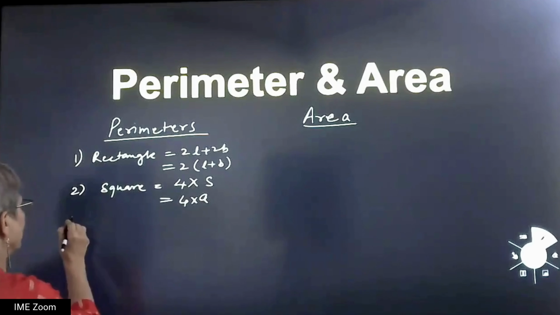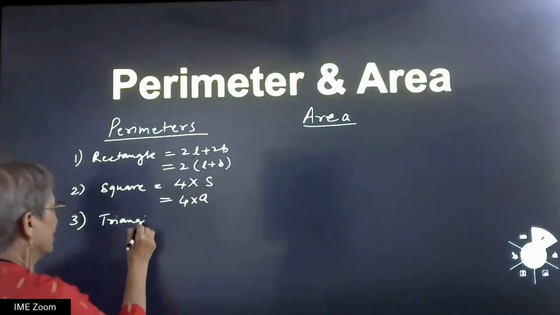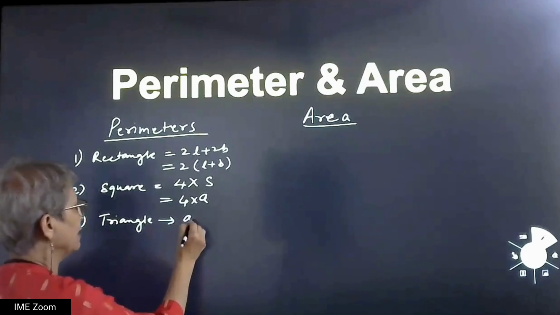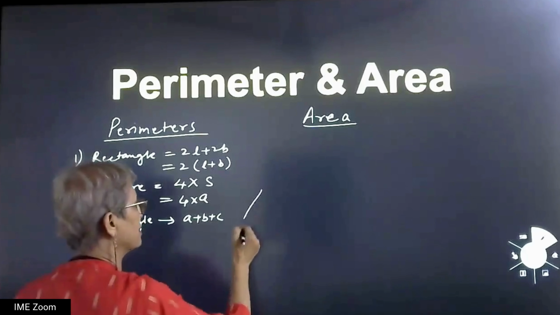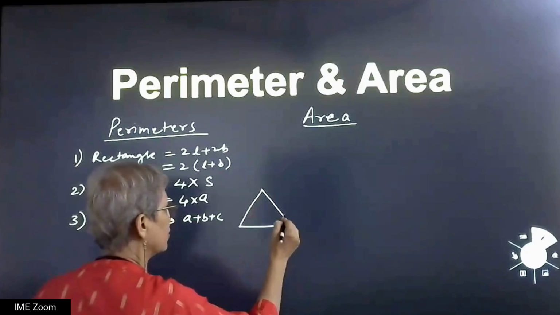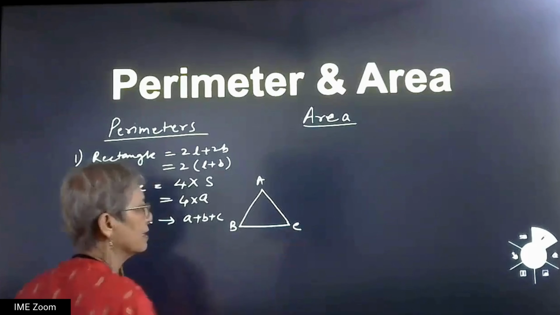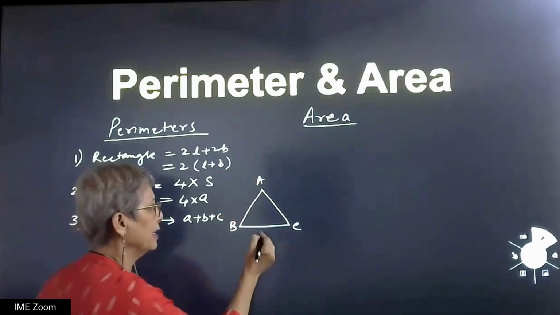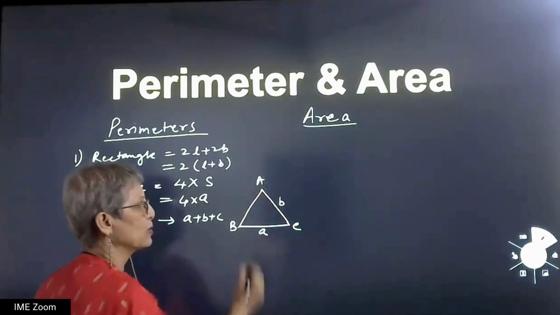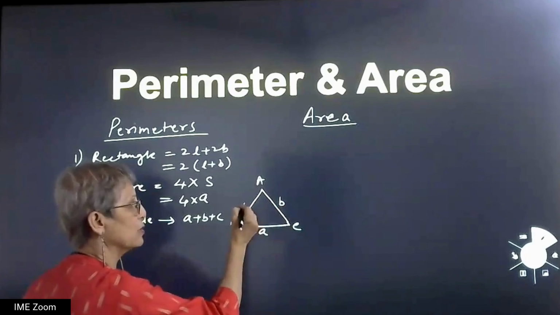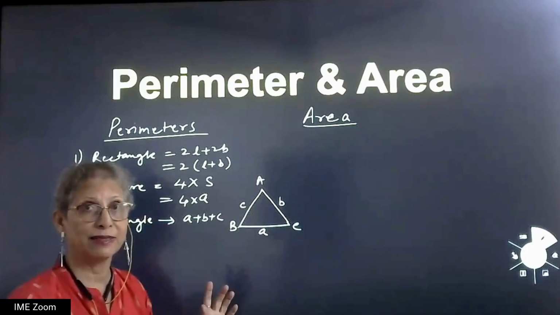Then comes triangle. Usually it is written as A plus B plus C. I will explain the meaning. When a triangle is drawn like this with angles A, B, C, then the side opposite to angle A is denoted by small a, the side opposite to angle B is denoted by small b, and the side opposite to angle C is denoted by small c. These small letters indicate the length of sides.